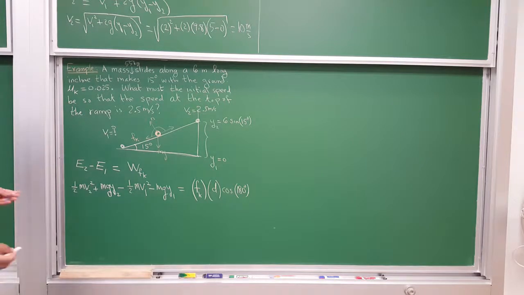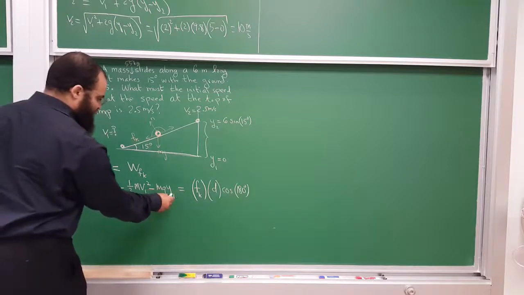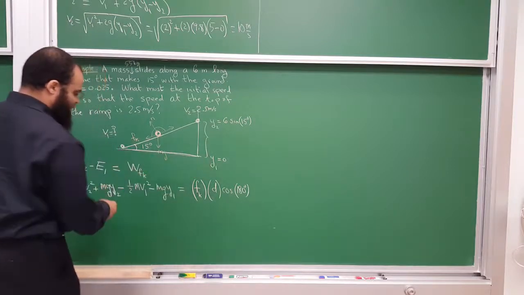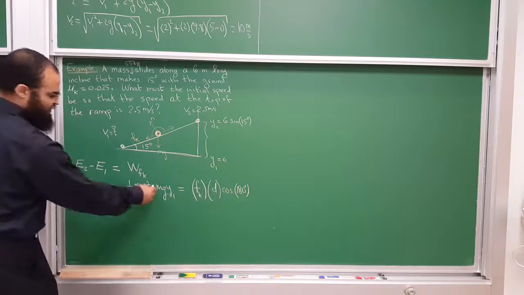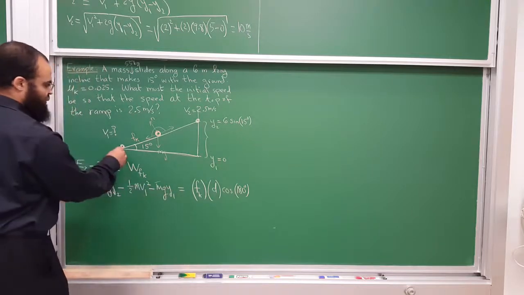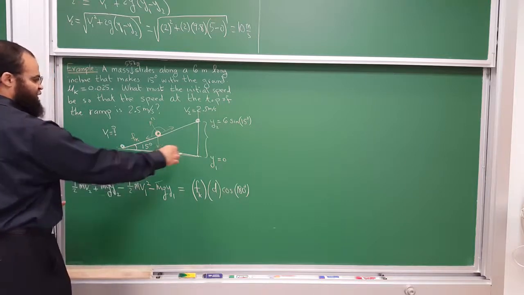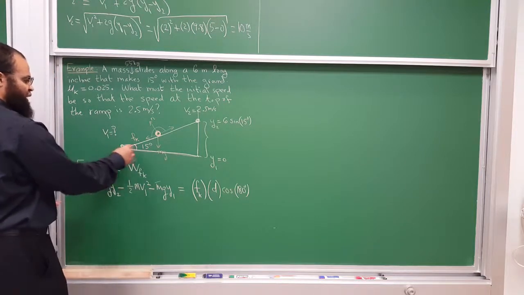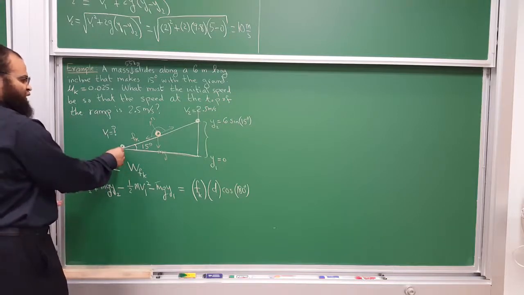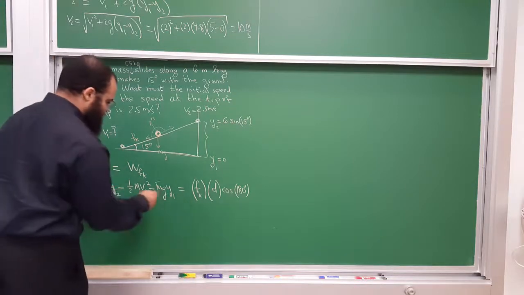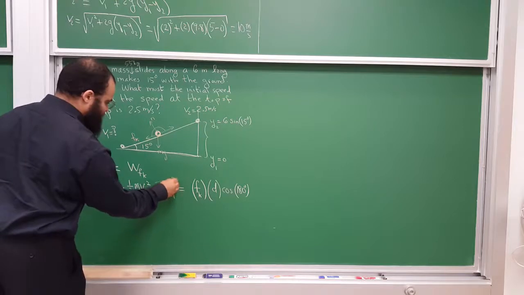Actually, I could simplify something here. mgy1, at the beginning, what was the height? Well, it was 0. If my reference point for the gravitational potential energy is the bottom of the ramp, then it didn't have any gravitational potential energy here. So this part is 0.